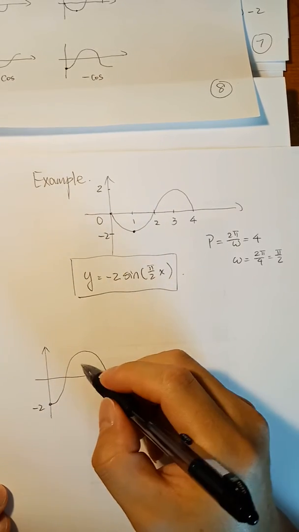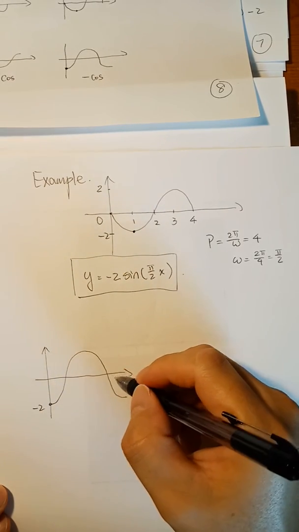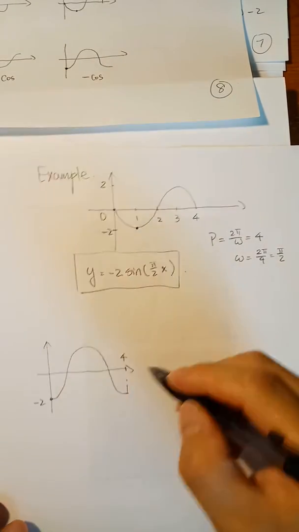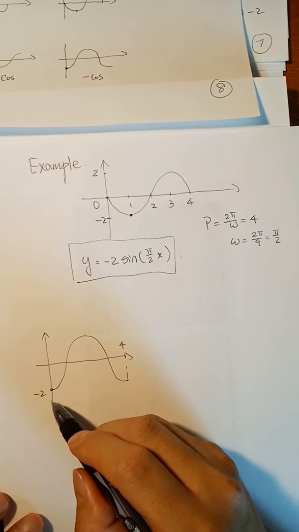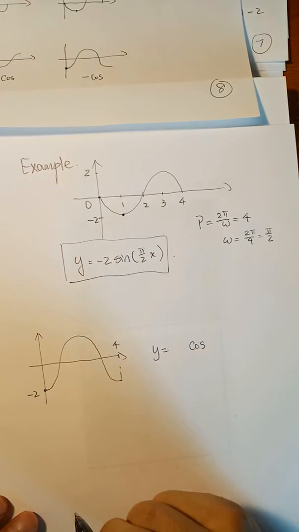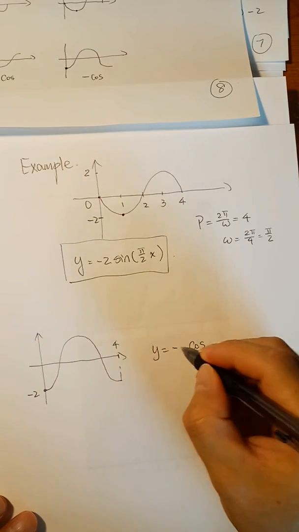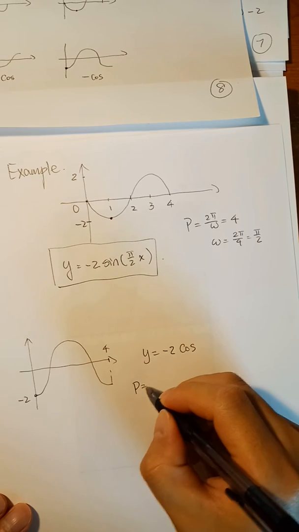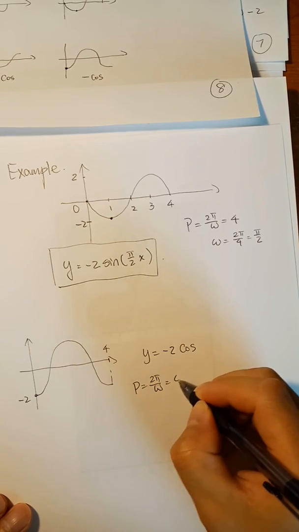So -2, -2, the period is 4. Okay, the period is still 4. You see this part, it starts from a number, it's cosine. It starts from -2, so the coefficient is -2. And the period is 4.